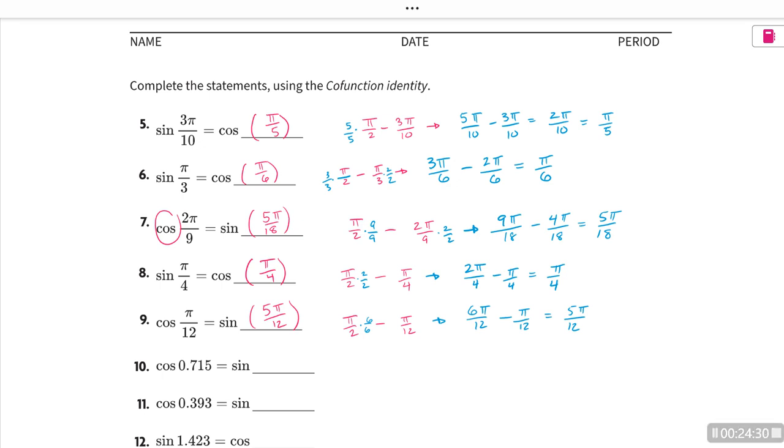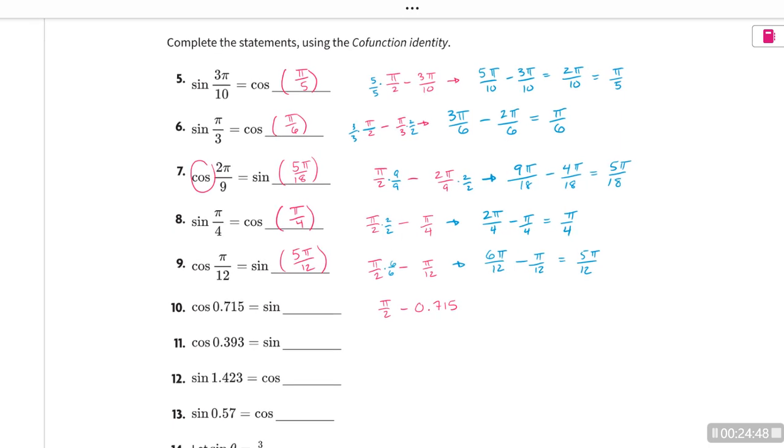Okay, now we have decimals. We're still going to keep this the same way. We're going to do pi over 2 minus 0.715. Now, pi over 2, we can put that in decimal form as well, I suppose. So pi divided by 2 is roughly 1.571.